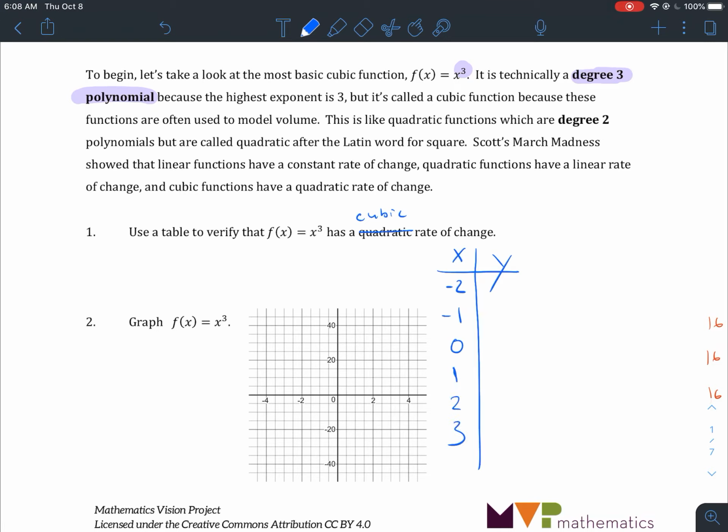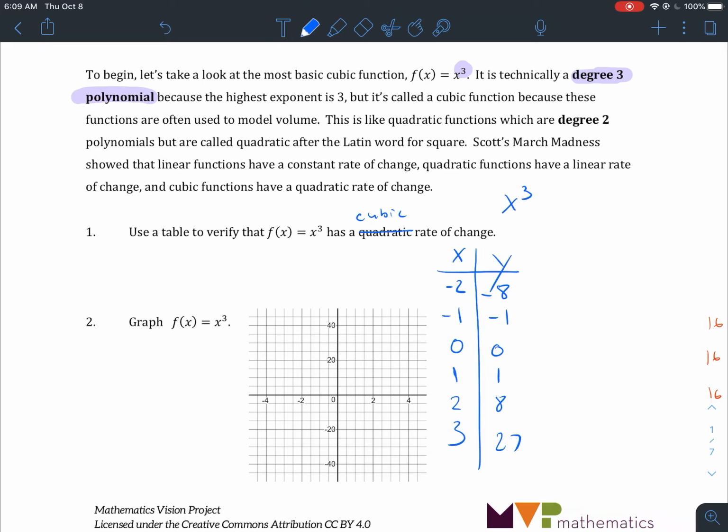Okay, these are the x values that I chose. I just chose x values that were close to 0. All right, so when you plug these into x cubed, you get -8, -1, 0, 1, 8, and 27.